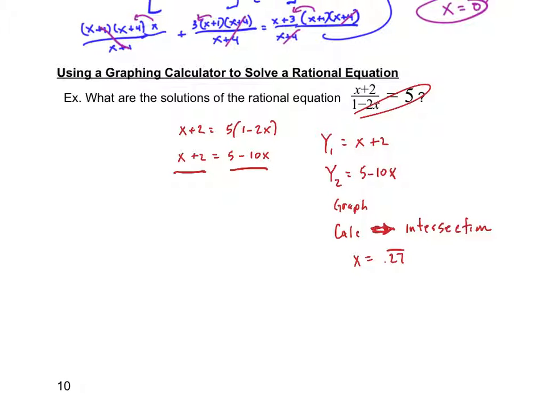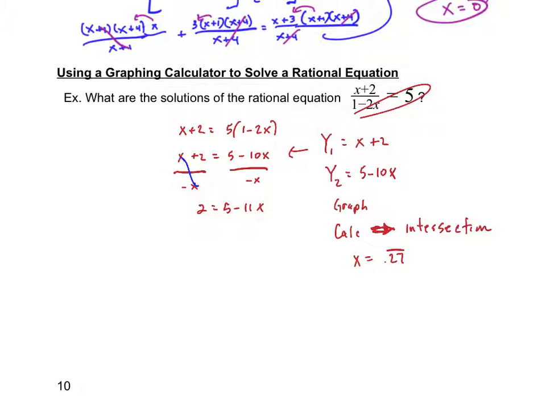And if you don't have a calculator available to you, you can do some inverse operations over here and see what happens. Combine x to both sides, and I get 2 = 5 - 11x.